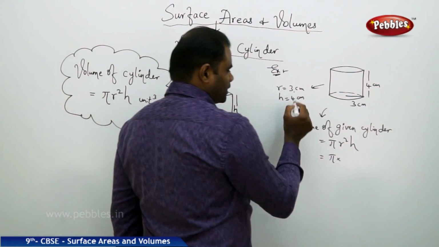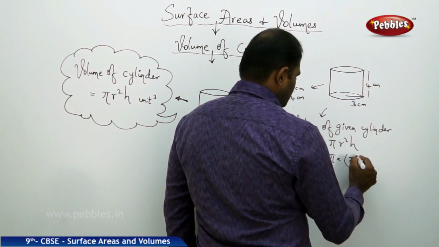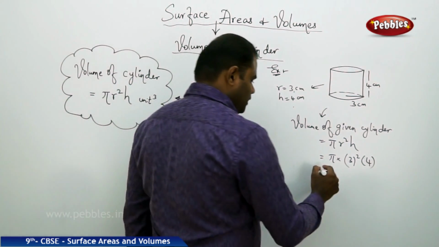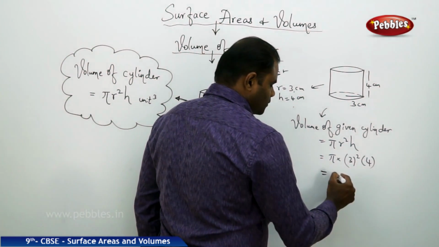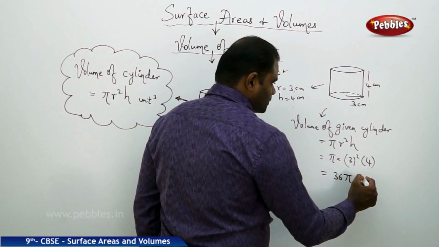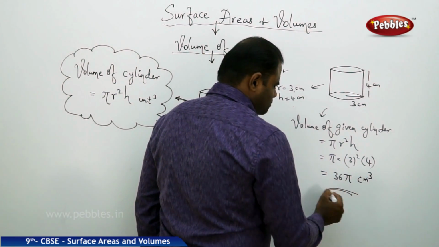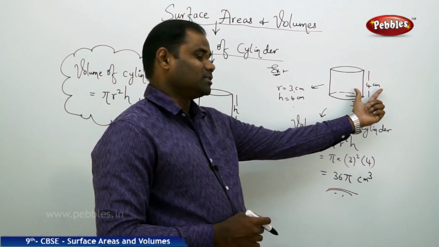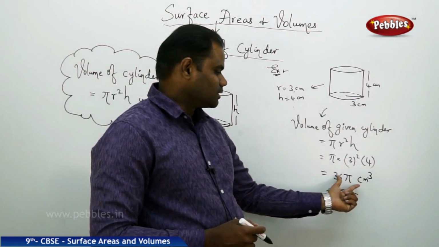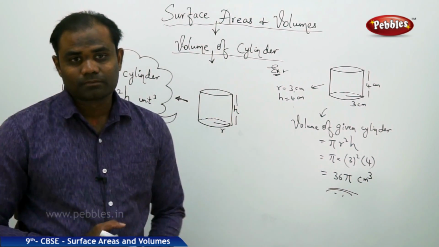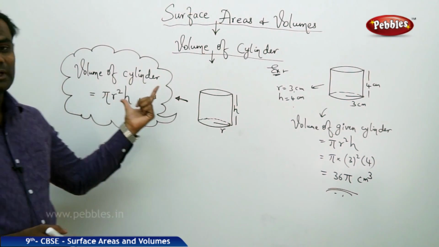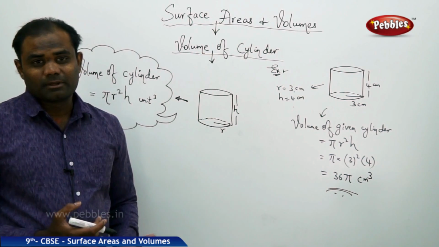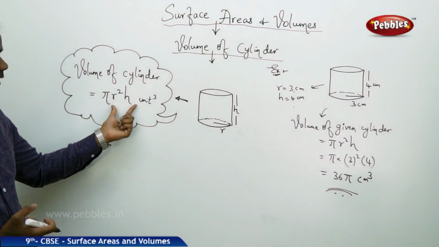So using this r and h in the formula, I get pi r square into h. And this, on further simplification, gives 3 3s are 9, 9 4s are 36 pi centimeter cube. So volume of the given cylinder with radius 3 centimeters and height 4 centimeters is 36 pi centimeter cube, using strictly the formula here. Therefore, volume of cylinder is given by the formula pi r square h unit cube.